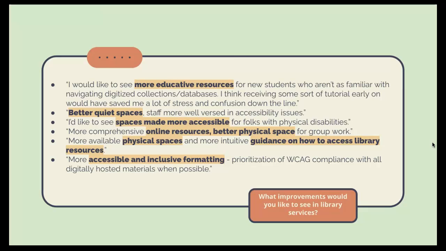So as far as the question of what improvements would you like to see in the library, a big one was more educative resources for students who aren't as familiar with using our digital collections and databases.